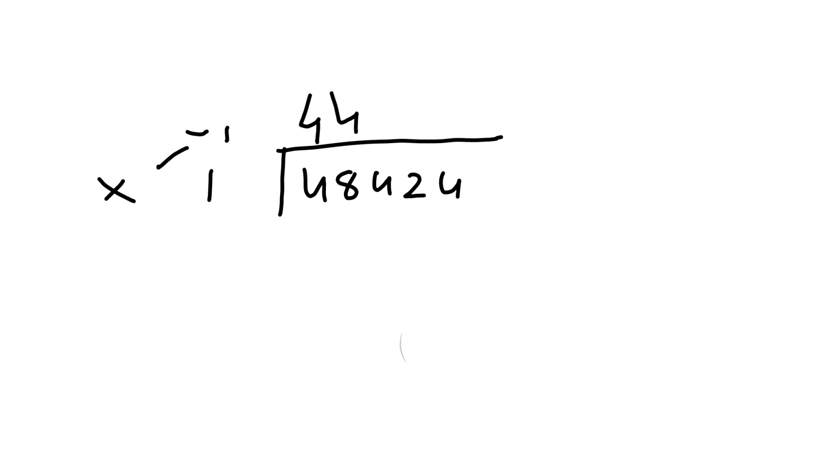Now the next number, that is 4 plus 4 into minus 1, that is minus 4. That gives you 0. Divided by 1, and the quotient will be 0. Then the next number, that is 2 plus 0 into minus 1, that is 0. That gives you 2. Divided by 1 will give you 2.